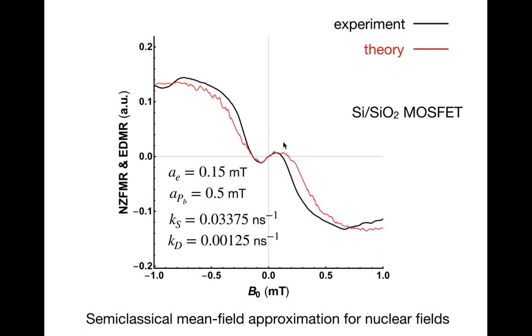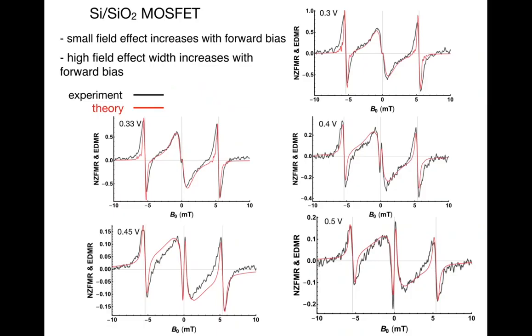Here showing pretty good agreement of the effect, and I would like to say that these calculations are quite laborious. They take a long time, so fine-tuning these fits is very hard. Small adjustments of these parameters would yield better fits. And then looking at bias data, we can also find pretty good agreement with the experiment.